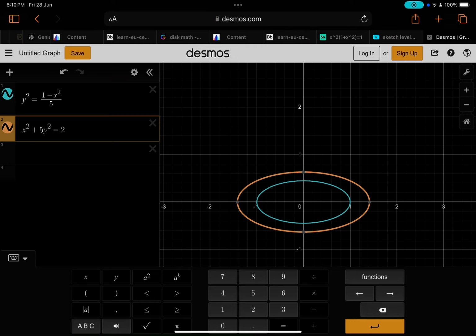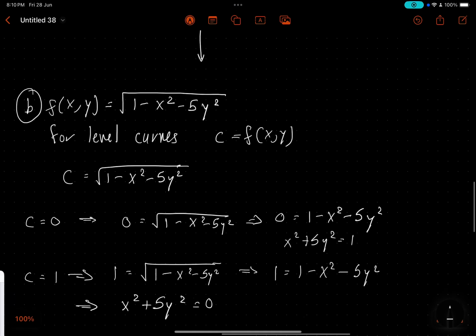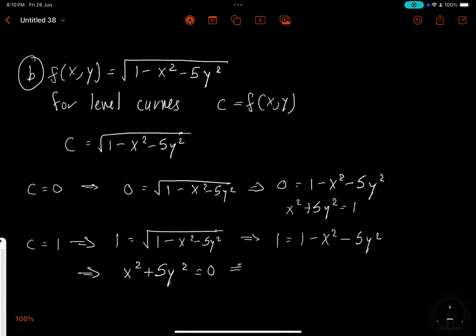What this is saying is that this is an ellipse with radius 0, and we cannot have an ellipse with radius 0, so we are not going to have a graph at c equals 0, no curve, let's say.